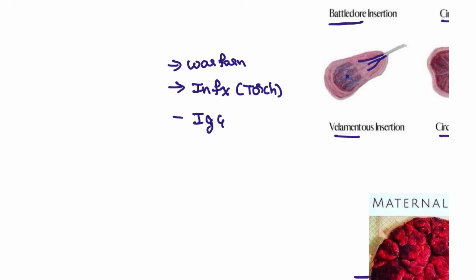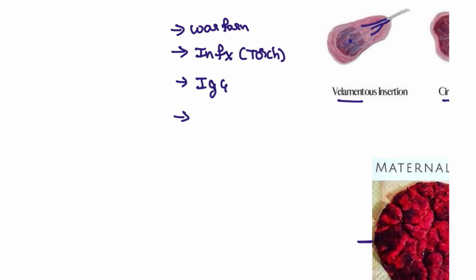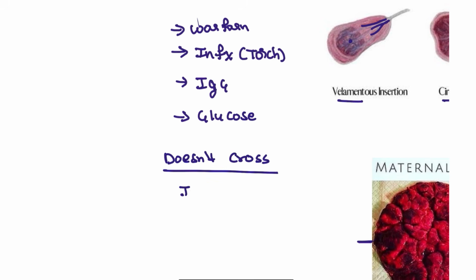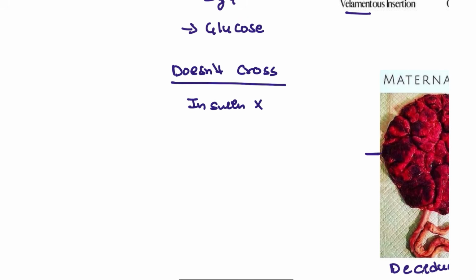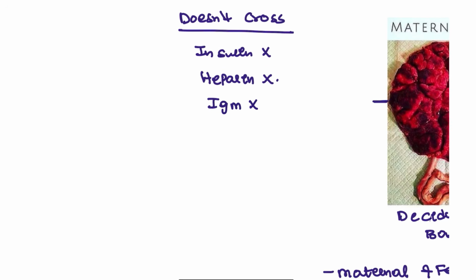Also, in a patient who is suffering from high glucose, it can cross and damage the fetus. And which does not cross? Remember, insulin is not going to cross. That's why heparin is preferred in this patient, and IgM is not going to cross. These are not going to cross.